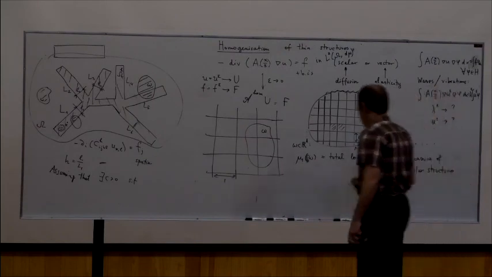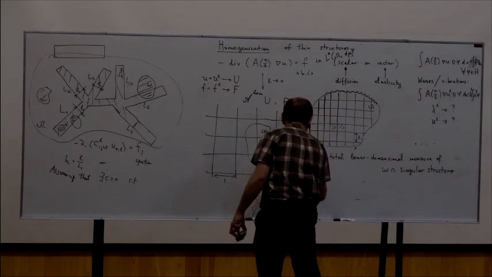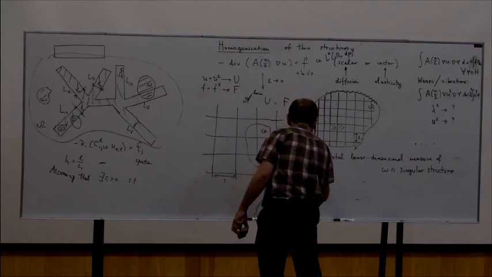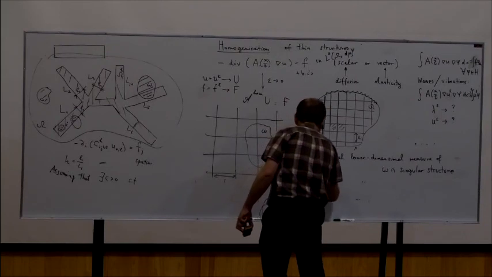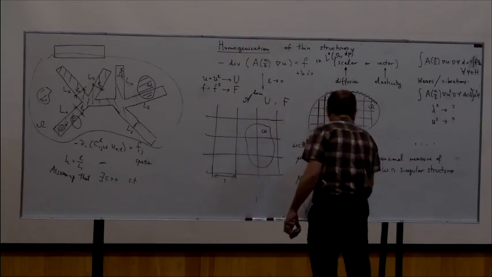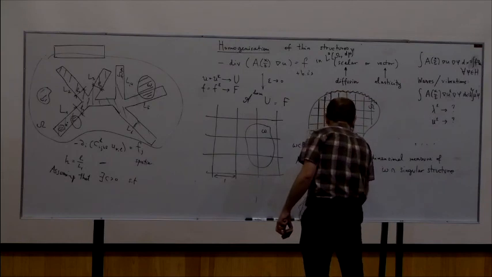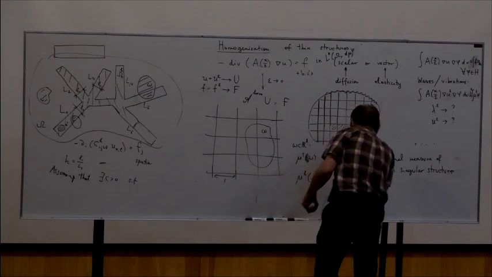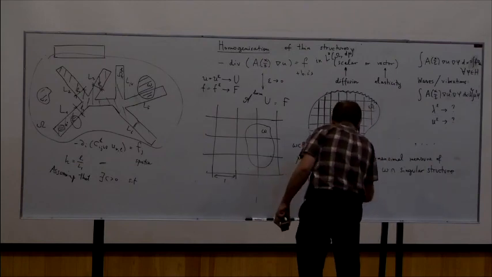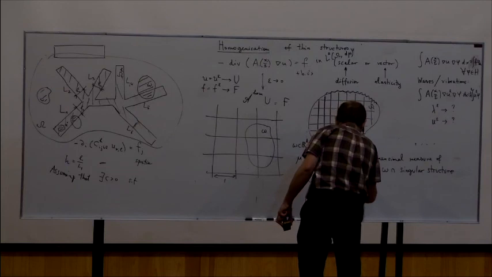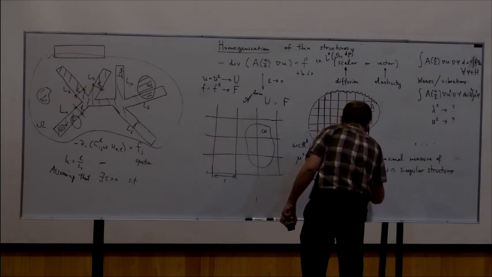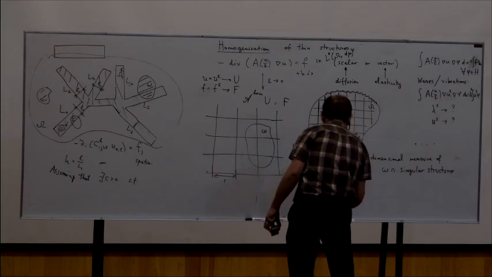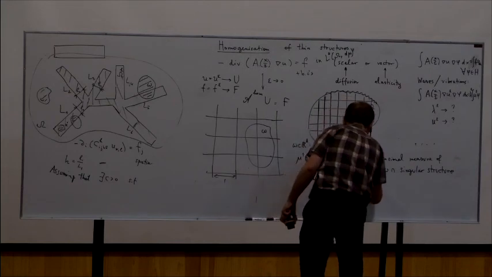And then the measure mu h, I should have put one here, so mu h of omega will be h to the d, so this is h inverse omega. Is this the right scaling?